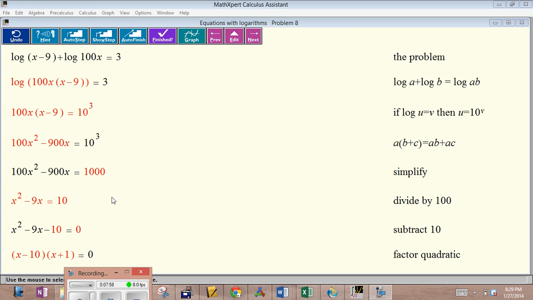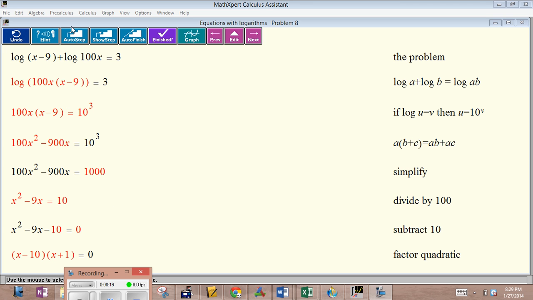So now that offers us two solutions: x equals 10 and x equals -1. We should realize that one of them is not a valid answer, namely the -1, because when thrown back into this expression it produces the log of a negative number.